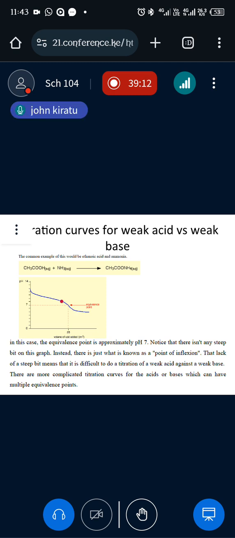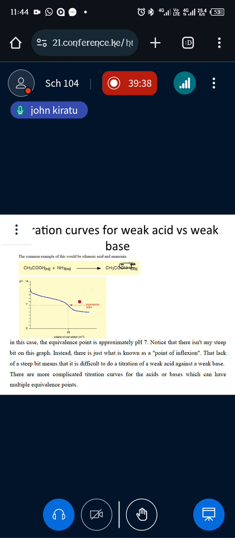But what I want you to take note of is that if you take a weak acid like acetic acid plus a weak base like ammonia, you get a neutral solution. Okay? Because here there is negative, and ammonium is positive, so they cancel out to become neutral. Therefore, the equivalence point is 7.